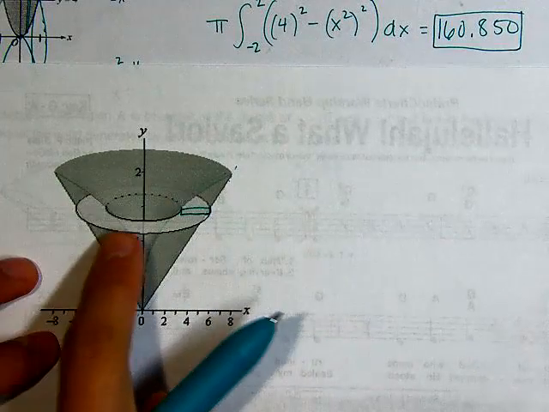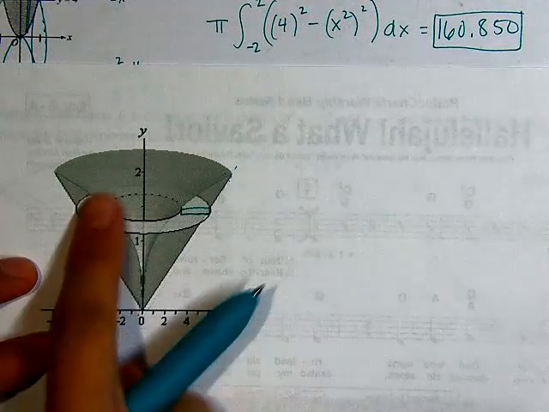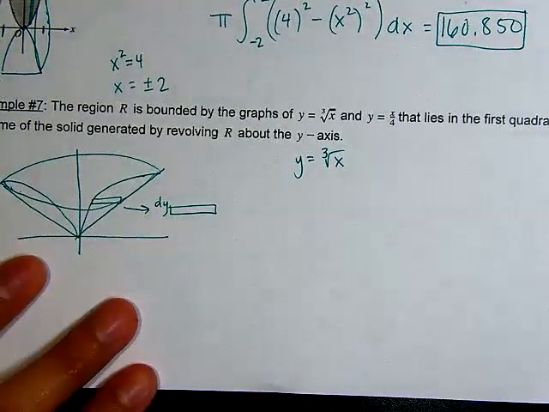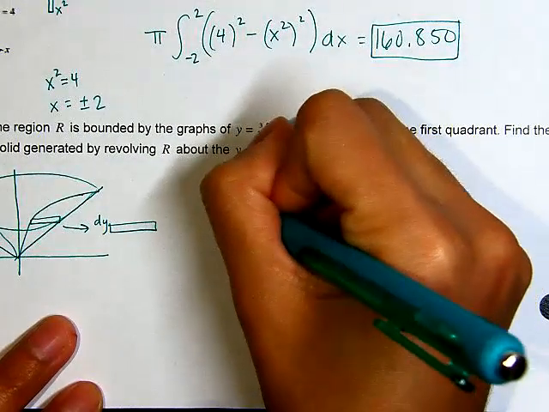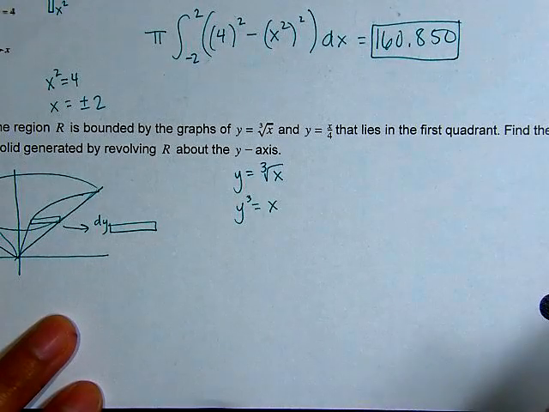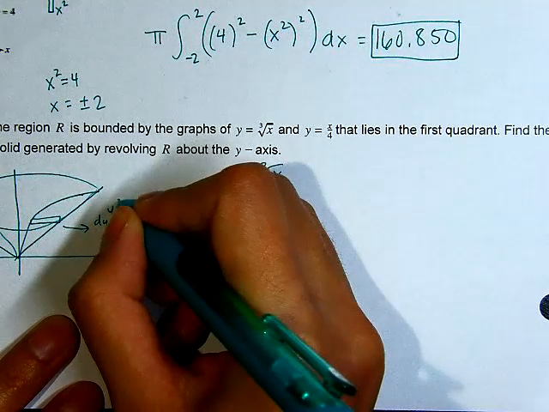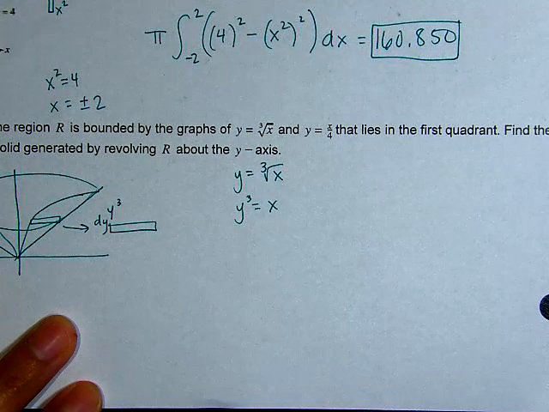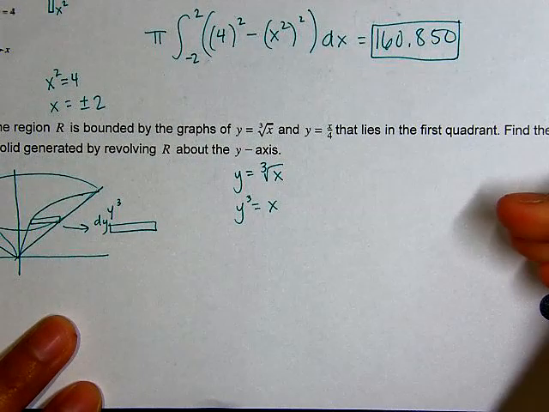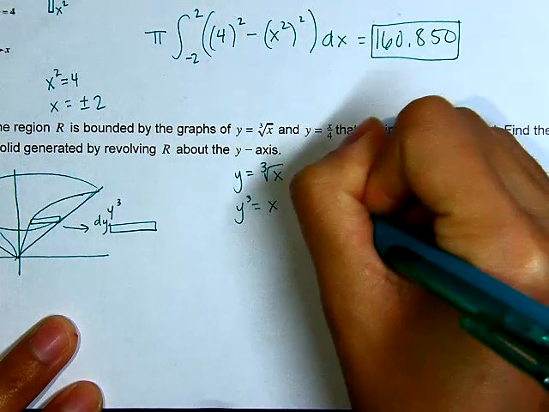If I find the area of each one, then I can find the volume by adding them all up using the integral. So my inside radius is y cubed. My outside radius is 4y.